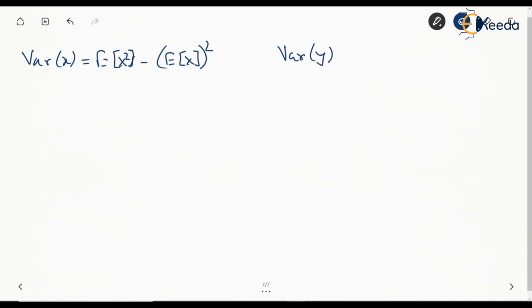So we can of course find the variance of x now. This will be E of x square minus square of E of x, and variance of y is E of y square minus square of E of y.